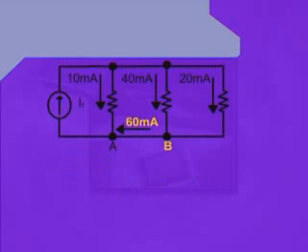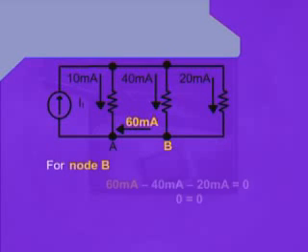Moving to node B. For node B, we can see that the 60 milliampere current is leaving node B, whereas the current values of 40 milliampere and 20 milliampere are approaching node B. Therefore, the equation for node B can be written as 60 milliamperes minus 40 milliamperes minus 20 milliamperes is equal to 0.